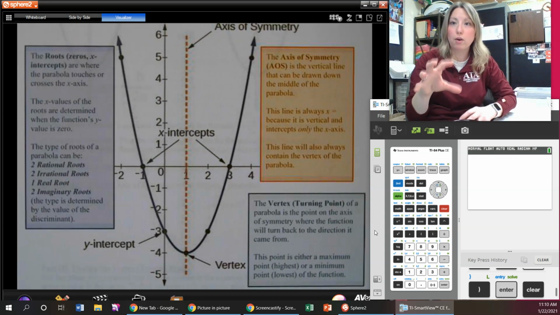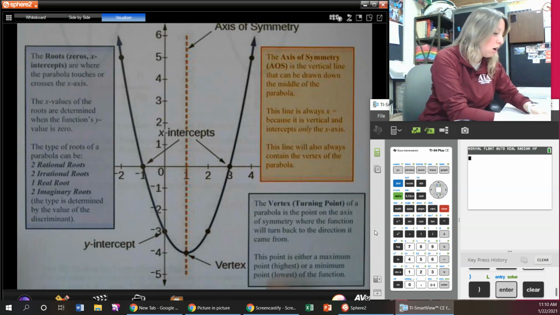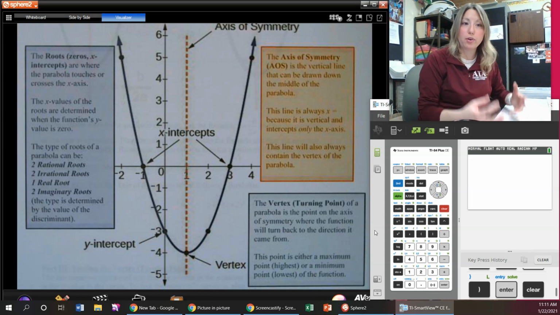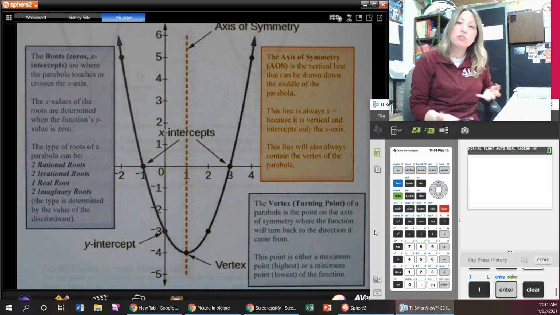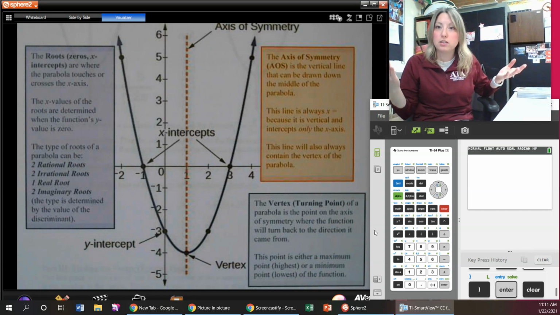Here's a graphed quadratic function. The roots are the x-intercepts. Those are where the quadratic function touches or crosses the x-axis. I say touches or crosses because most of the time it's crossing and continuing to go.